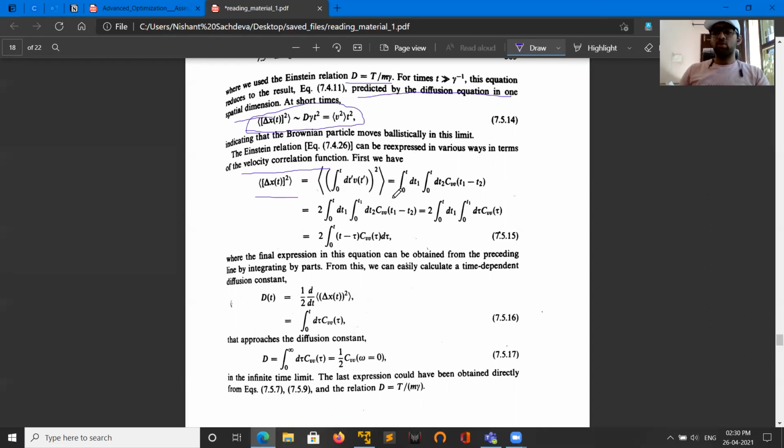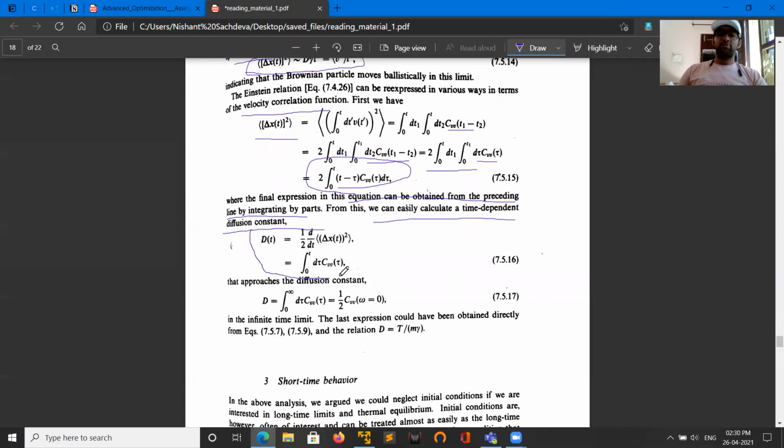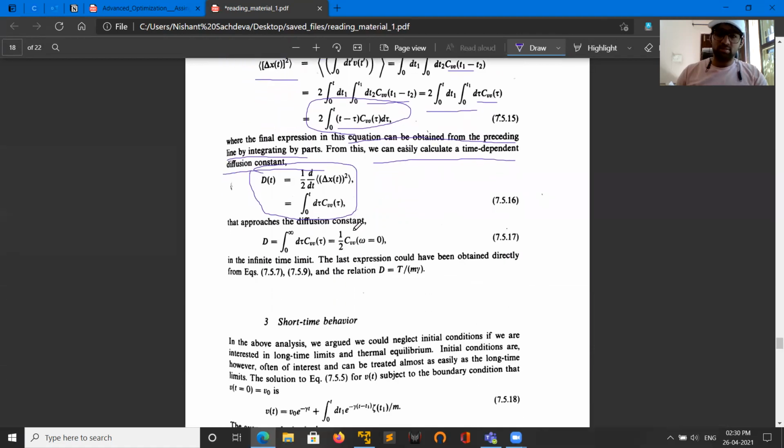We separate this out, calculate this part over here, and then arrive at the final answer, where the final expression in this equation can be obtained from the preceding line by integrating by parts. From this, we can easily calculate a time-dependent diffusion constant. Fair enough. It's just simple maths.